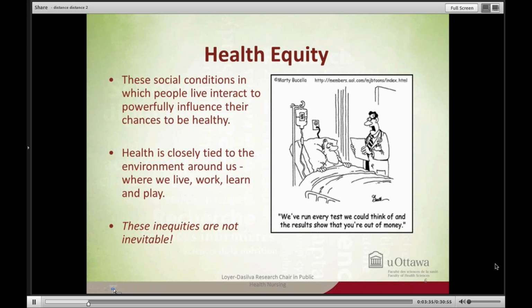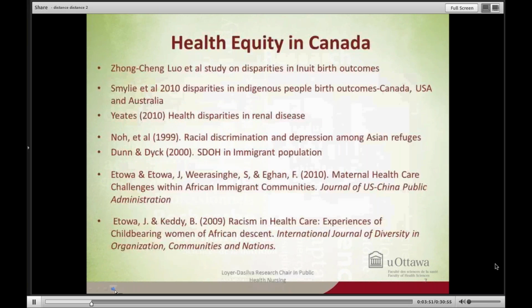As I illustrate with this cartoon, the person lying here is told, we've run every test we could think of, and the results show that you are out of money. So you can keep coming to the hospital, but the real problem is you have other issues, including money, that are causing the return visits to the hospital.